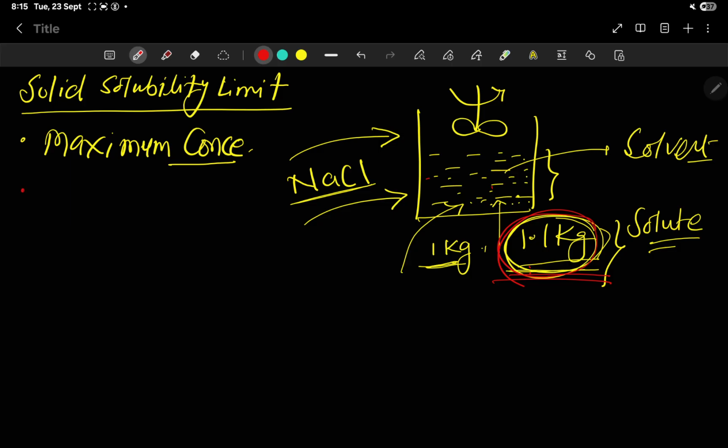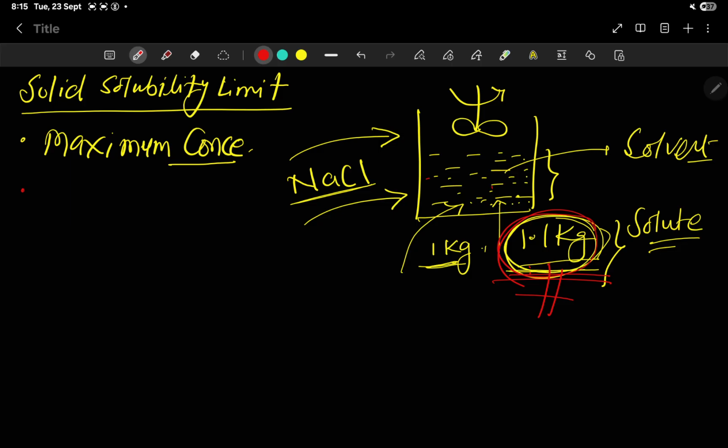So what is going to happen whenever the concentration of solute atoms goes beyond the solubility limit?